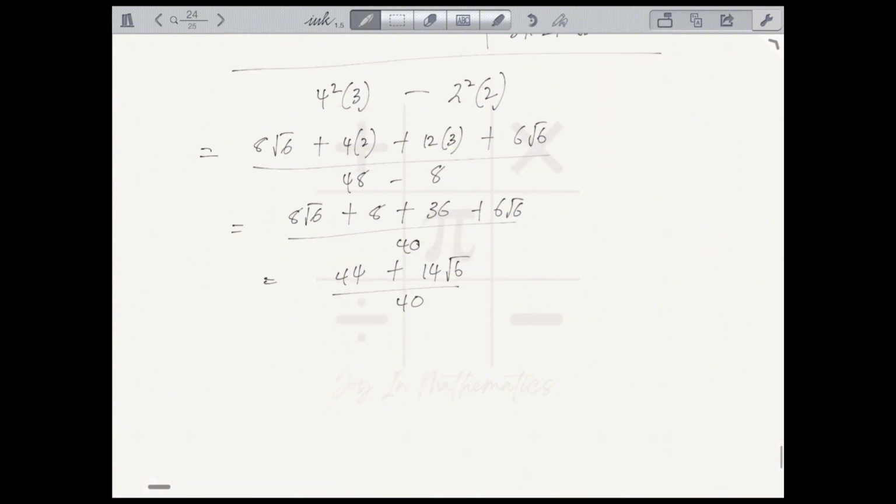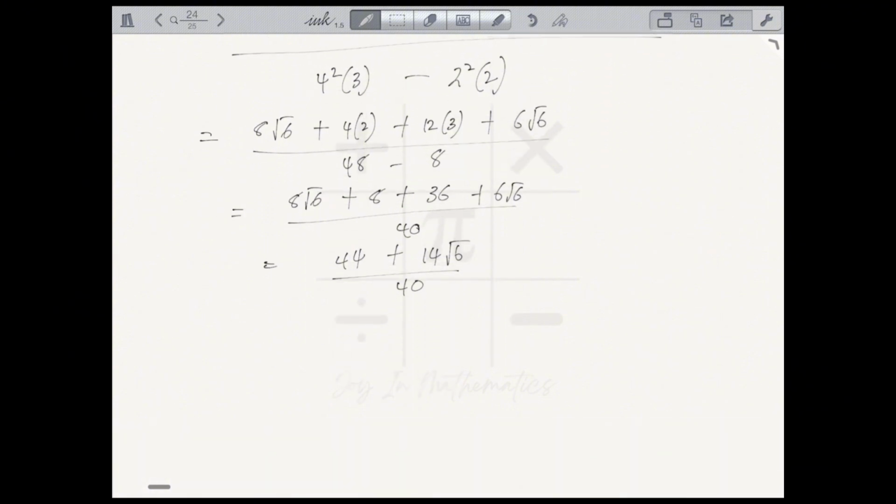Now this can still be simplified further, or you can leave it the way it is. If you divide all through by 2, we'll have 22 plus 7 root 6 divided by 20.